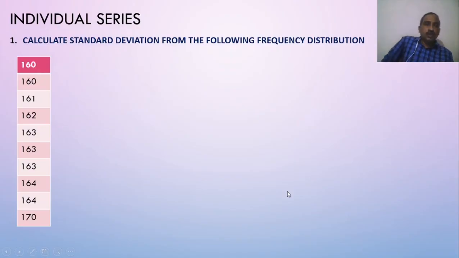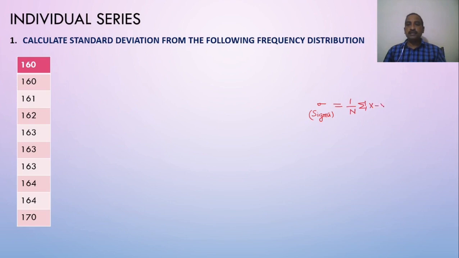So let us do it one by one, starting with how to calculate the standard deviation in an individual series. First, the standard deviation is represented by the Greek letter sigma. Sigma equals the square root of 1 by n summation x minus x bar whole square.